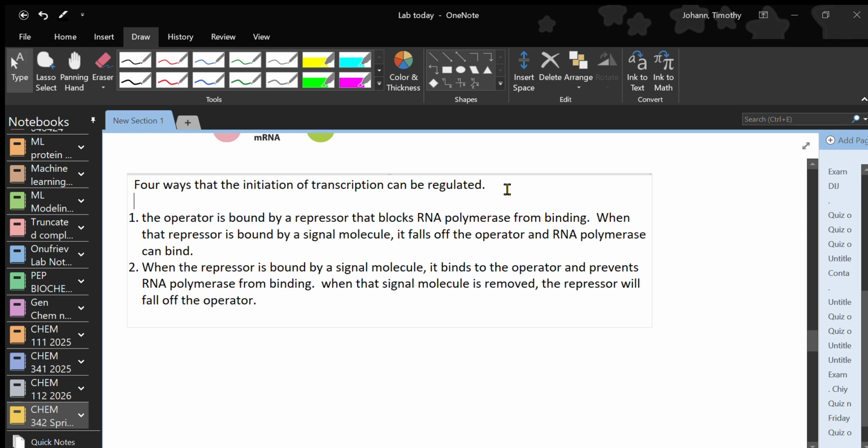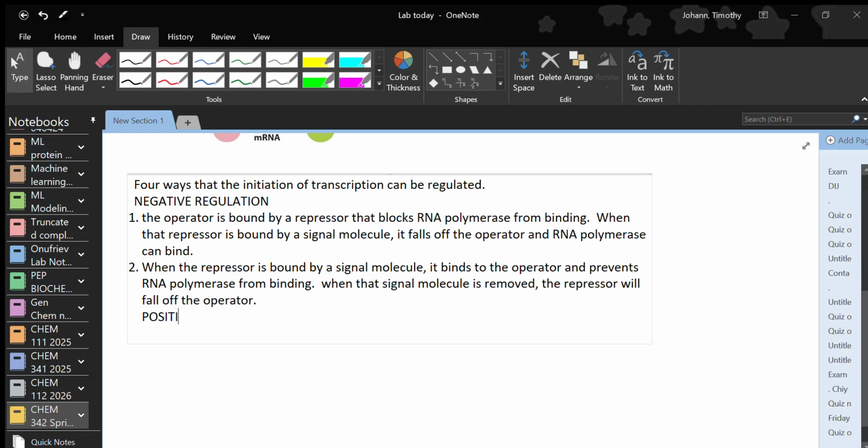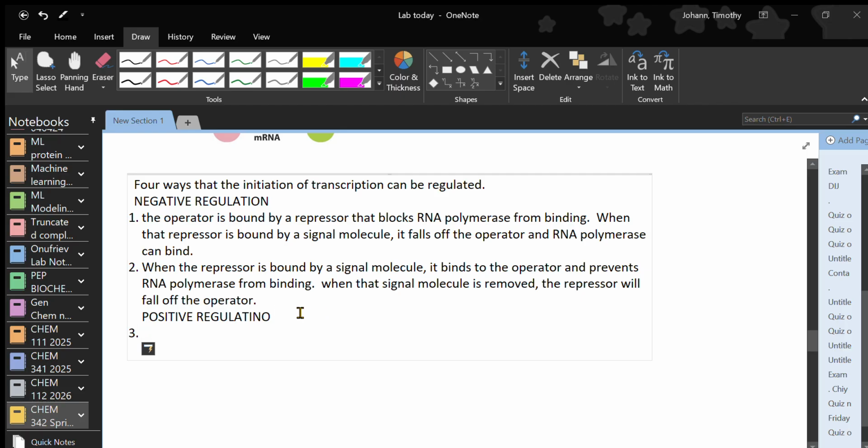Let's do this. Okay, and then now we'll talk about positive regulation. So for positive regulation, I guess I could start at 1 again, or I'll just do 3 because that's what it wants to do.